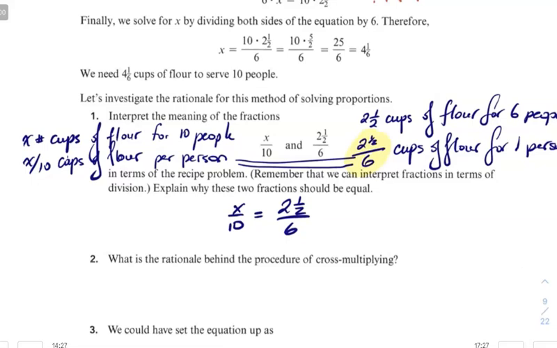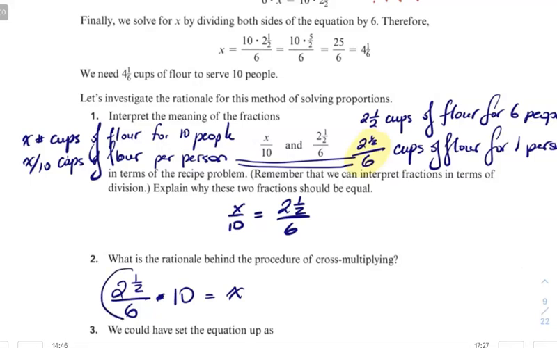Well, wouldn't it make sense if we had 2.5 sixths, that's cups of flour per person. How many people do we have? 10, right? We have 10 people. Shouldn't that give us the amount of flour for the 10 people?